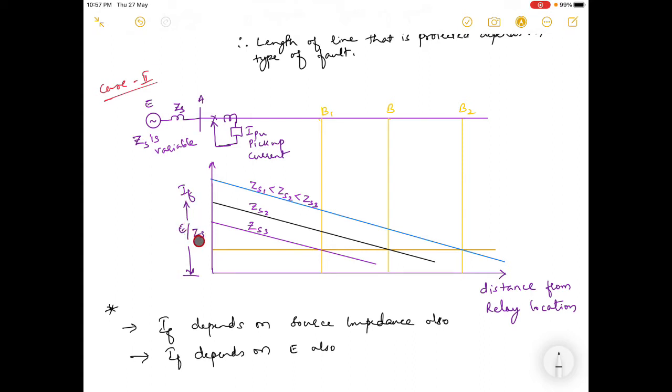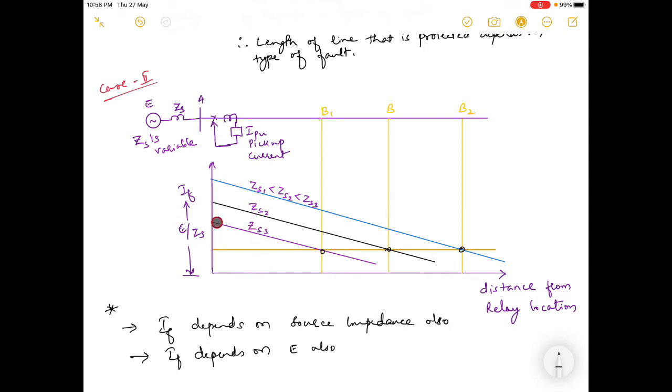If ZS is very small, it means the fault current is high, so it can reach to the farther end. If ZS is increasing, the whole IF term will decrease, so it can reach a lesser distance. So this is the reach. Reach depends on ZS.